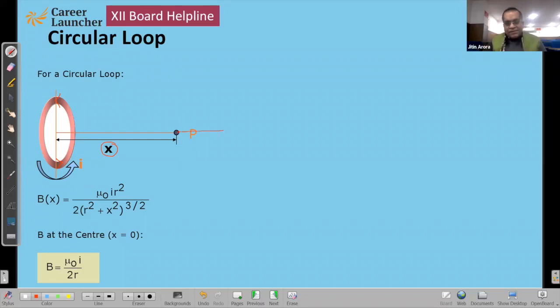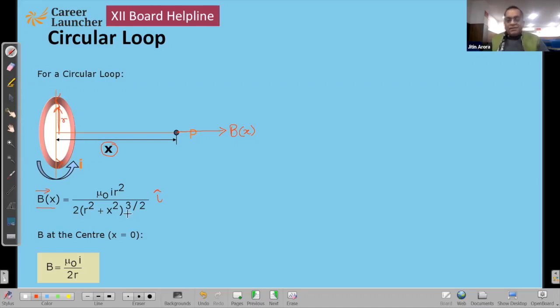So in this case, at point P I can say that the magnetic field that we are trying to calculate at a distance x is in this particular direction, right. So इस मैग्नेटिक फील्ड का फॉर्मूला होता है mu naught I r square. तो डायरेक्शन मैंने दिखा दिया आपको. If you want to write it in the vector form then you will write i cap here. So mu naught I small r square, where small r is the radius of the loop, right, upon 2 (r square plus x square) to the power 3 by 2, right.